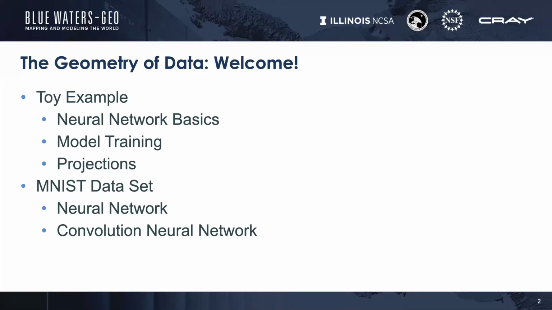And then, ways that we can visualize and interpret a little bit what's going on inside this toy example. Then I'll take those techniques and extend them to another canonical example, the MNIST data set, going through neural networks and convolutional neural networks again.